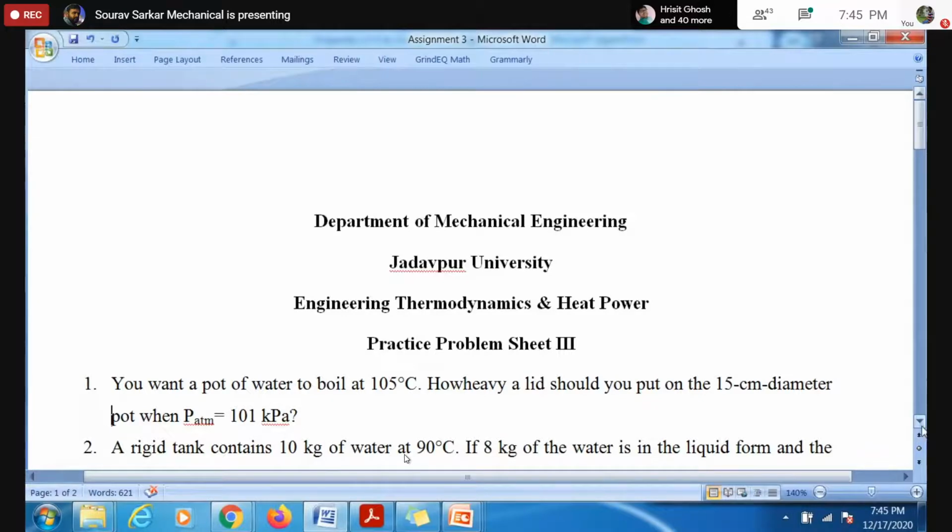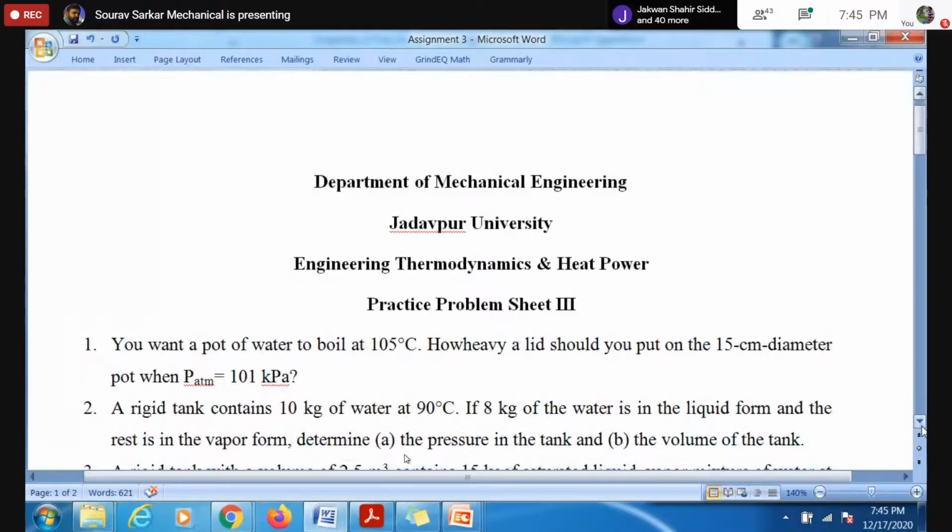Please read out the question. Anyone? The last problem of the class.